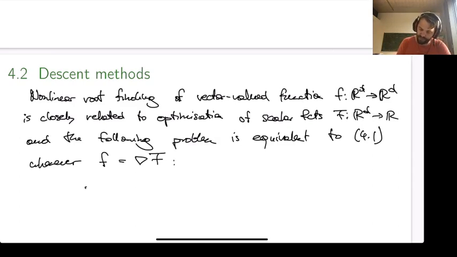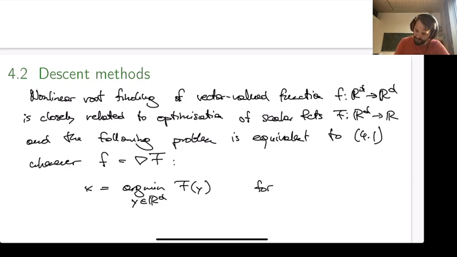Okay, so if I want to find the zero of a vector valued function little f, that is the gradient of a capital F scalar valued function, then I can also minimize the scalar function over all y in Rd. We can minimize F of y. I'm just specifying again what capital F is here for this equation so that we can quote it when referring to 4.5.